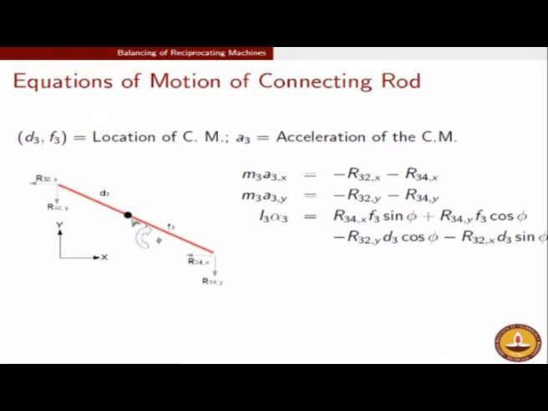So I3 times alpha 3, where I3 is the moment of inertia about the center of mass, not about any hinge point. Therefore F3 sin phi and D3 sin phi are moments about this black dot, which is the center of mass.